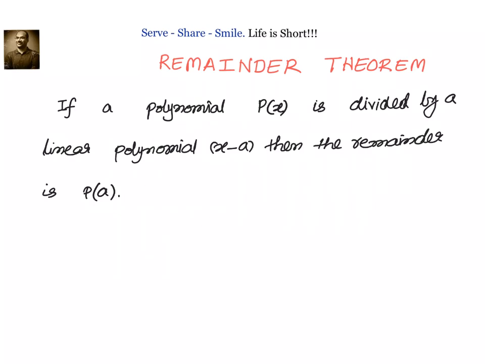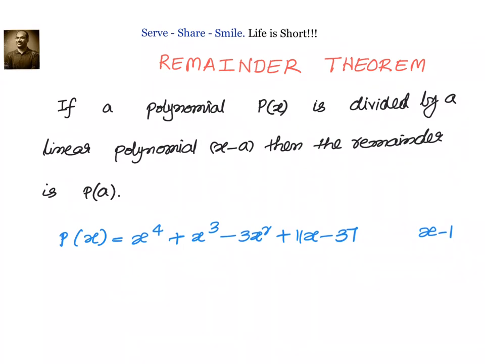Let's take one example to do this. Let us say we want to find the remainder. Our p of x is x to the power of 4 plus x cube minus 3x square plus 11x minus 37. Now we want to divide this by the polynomial x minus 1 and find the remainder. One way, we can take this as our dividend and this as our divisor and do the long division.